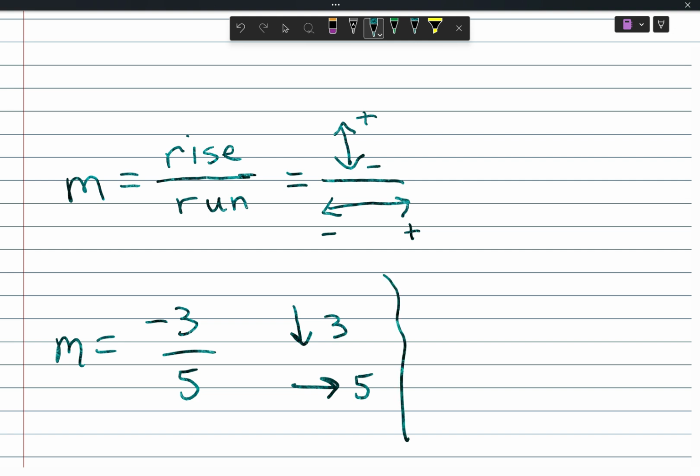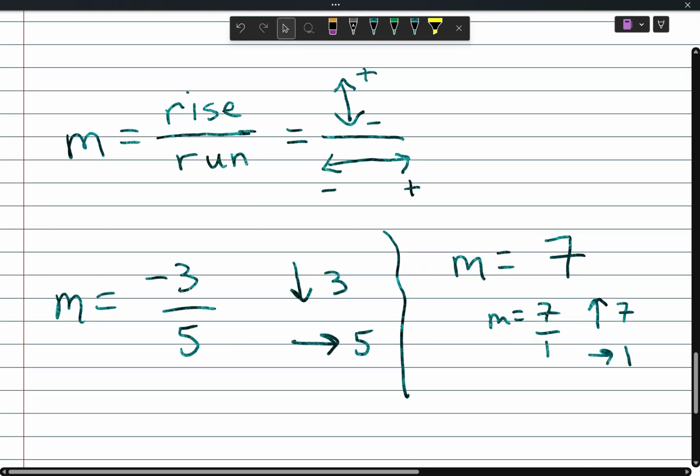Let's try another one. Let's say the slope is equal to 7. Remember I said you always want to make your slope a fraction, so we will make it 7 over 1. The 7 is positive, so from the y-intercept we will go up 7 and to the right 1.